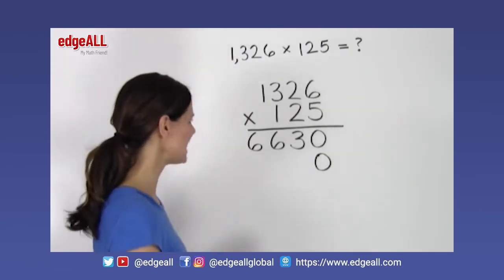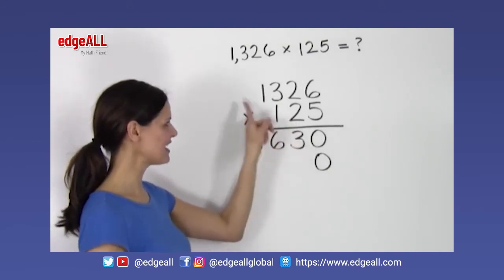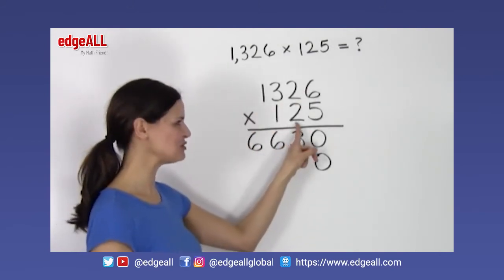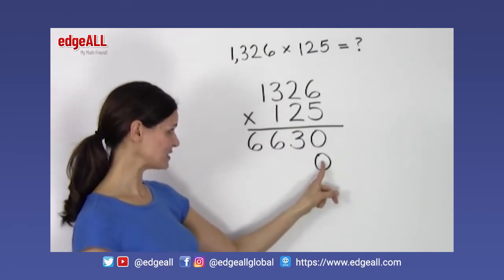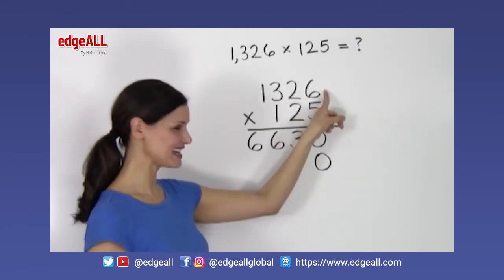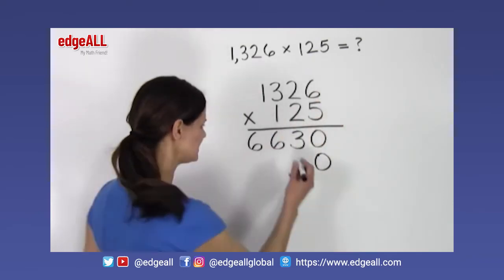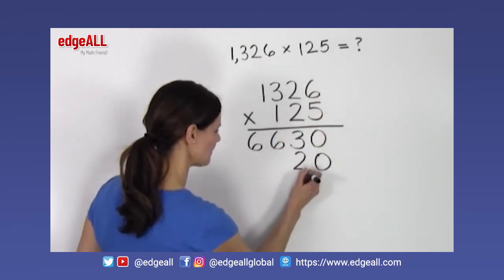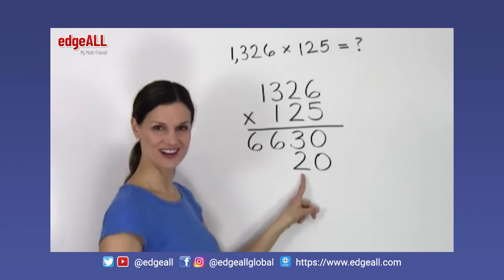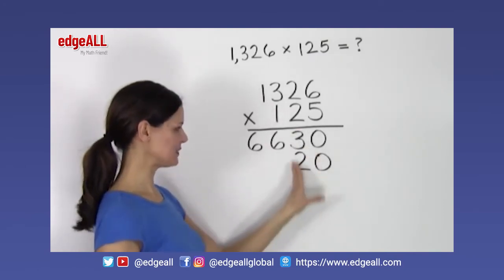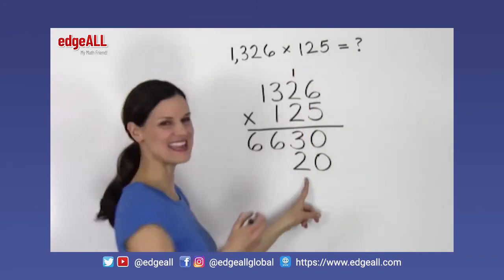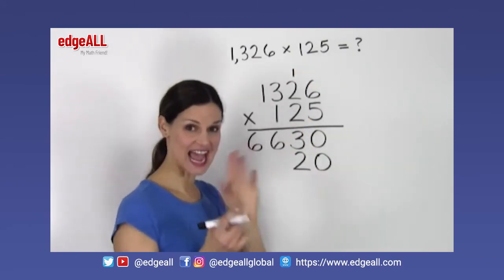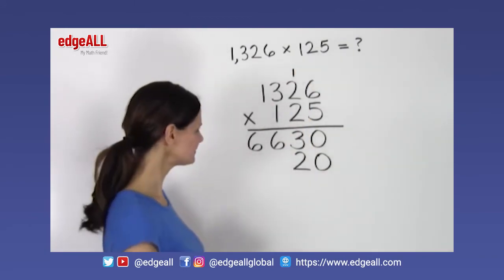So I've placed my 0 and now I can get to work. 2 times 6 equals 12. So I'm going to put the 2 of my answer 12 here, and I'm in the tens place, and I'm going to put the 1 of my answer 12 here in the next highest place value column.